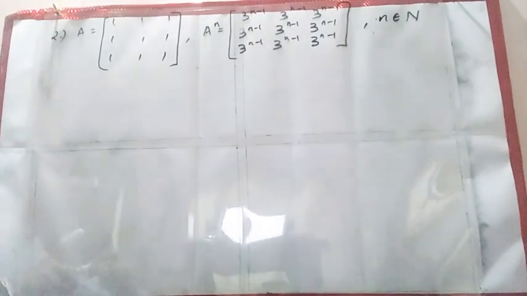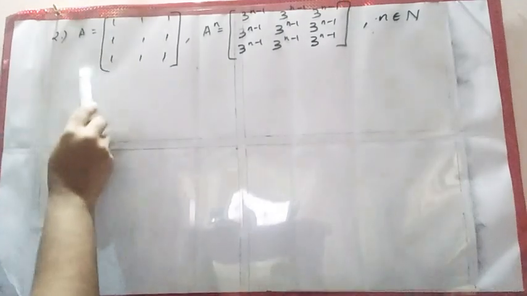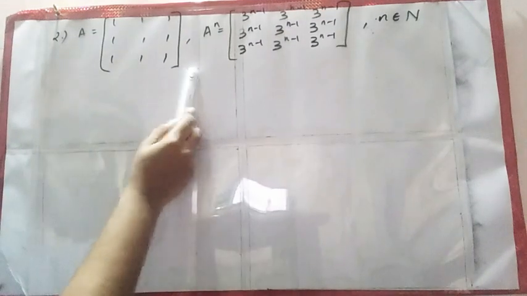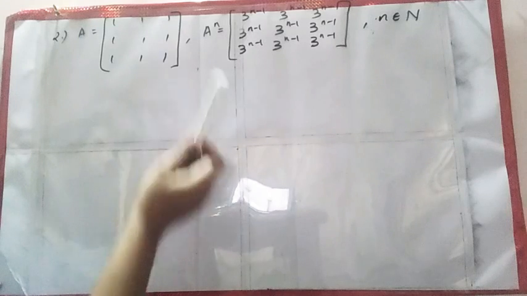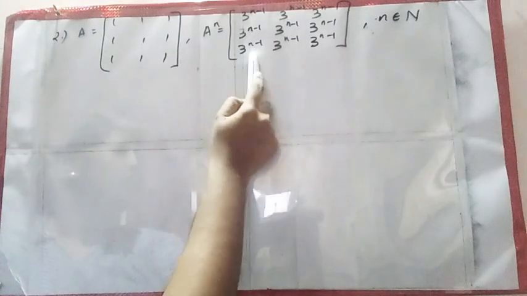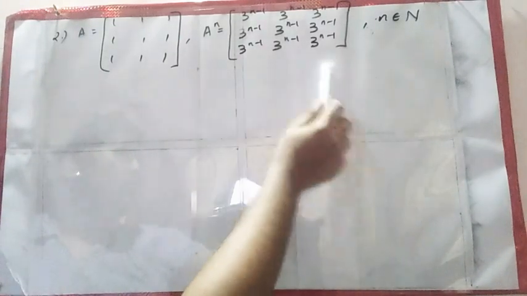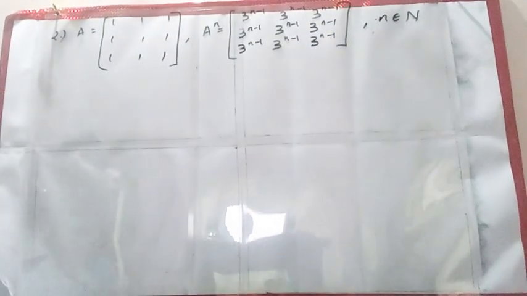So, given is a 3 by 3 matrix A with each element 1. And we have to show that A raised to n is equal to a 3 by 3 matrix with each element 3 raised to n minus 1. So again we are going to prove this problem by using the principle of mathematical induction.